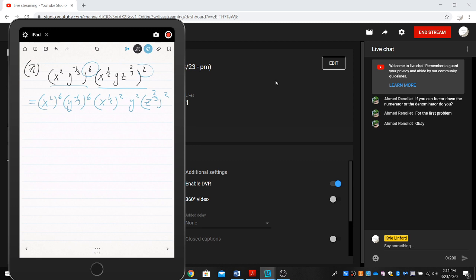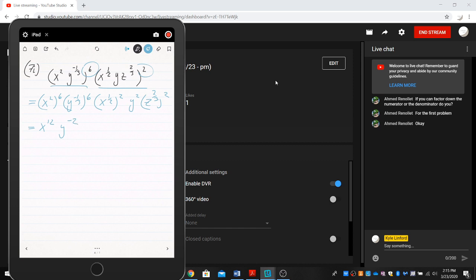Now, as I apply each one, I have to multiply the exponents together, because that's what the power rule says. So x squared to the 6th power is x to the 12th. y to the negative 1/3 to the 6th power is y to the negative 6 over 3, but that simplifies down to negative 2.